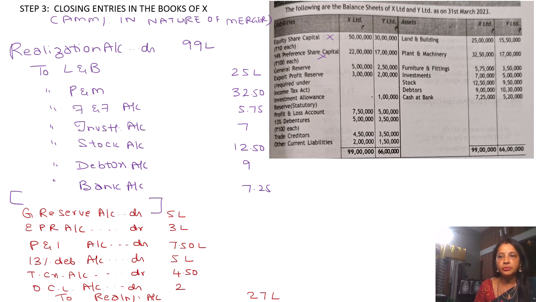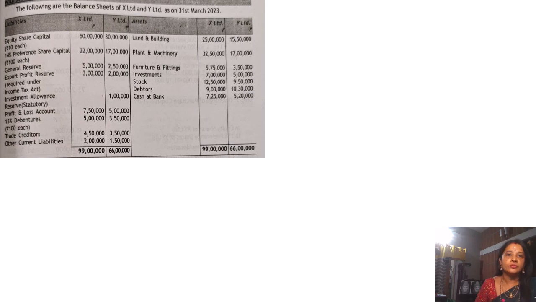The next entry will be for purchase consideration due. So for purchase consideration due, the entry will be, who is giving the purchase consideration? XY company account debit to realization account.